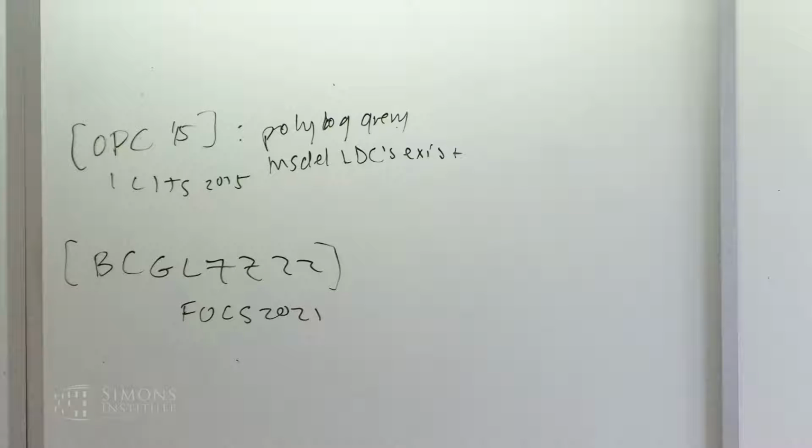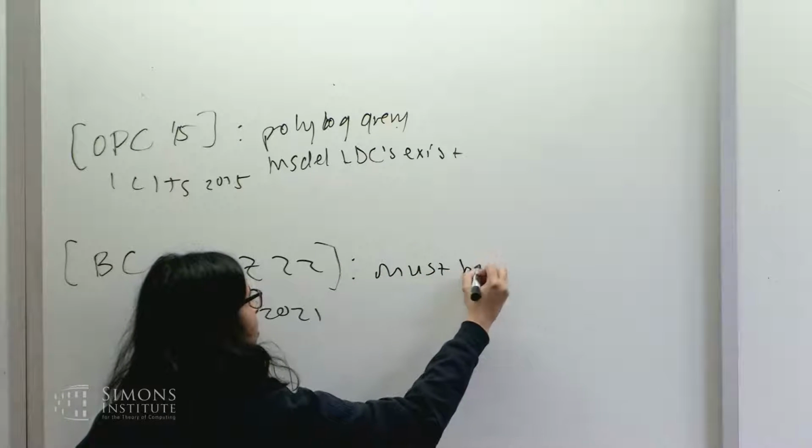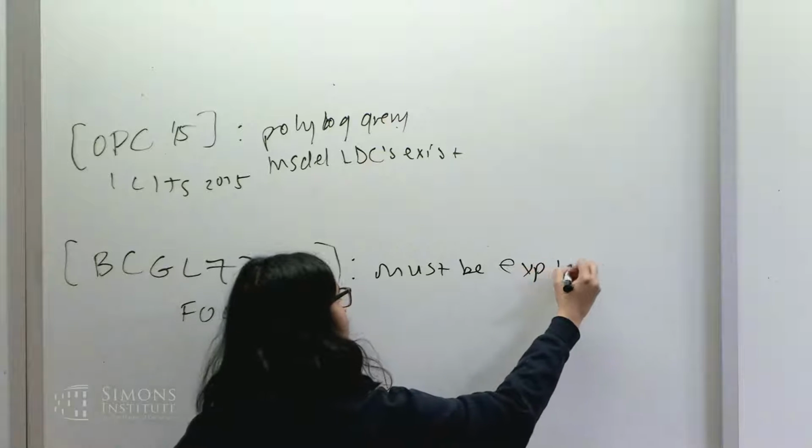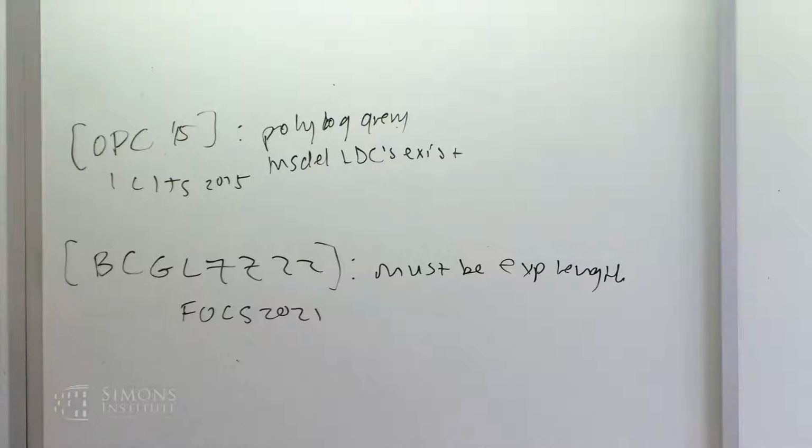So it doesn't totally rule out their existence, but it shows that if you have constant query LDCs, they must be really long, so it rules them out for all practical purposes. And the thing we're going to discuss today is the statement that they do not exist at all. They cannot even exist at unreasonably long exponential lengths.